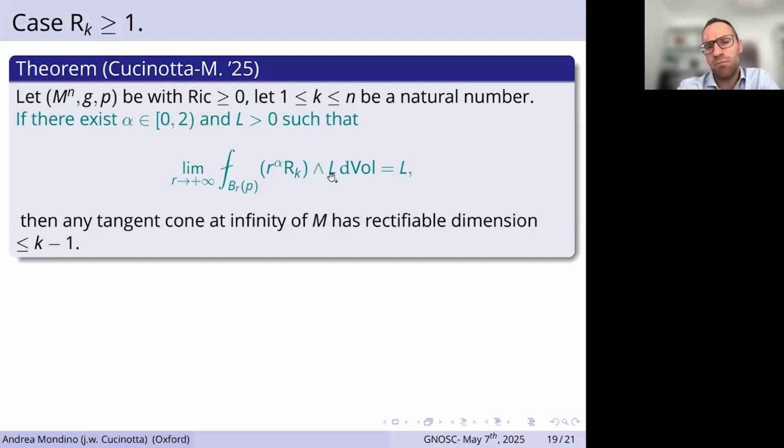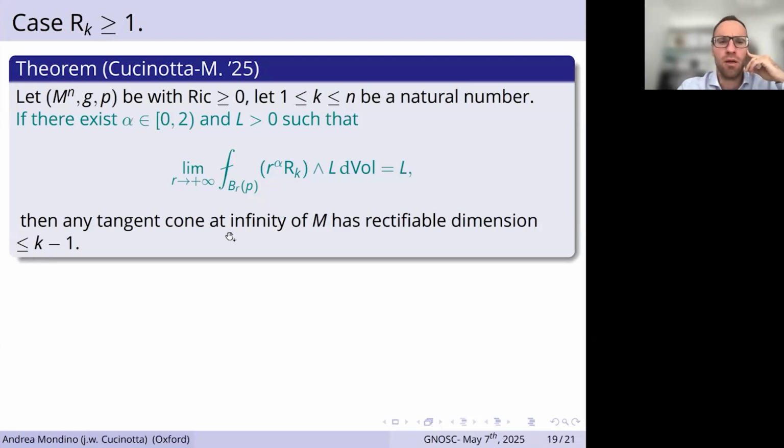So this is saying that roughly at large scales, Rk is going to be positive in an integral sense, but it may happen that Rk is negative or even very negative just on regions which are small in volume in comparison with the volume of the ball of radius R. It's a bit complicated to write down, but it's an integral condition of positivity type on the smallest eigenvalues of the Ricci.